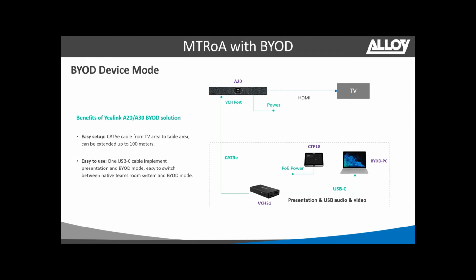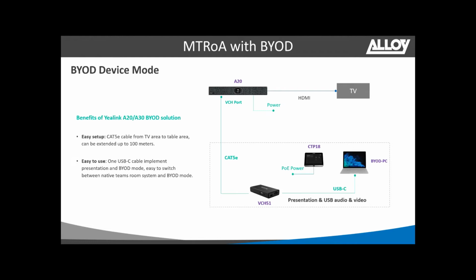The majority of laptops these days do have a USB-C port, but there are older laptops on the market with USB-C ports that do not support video pass-through. If your laptop does not support video pass-through on your USB-C port, then you will also need to connect the HDMI port from the VCH51 to your PC as well.